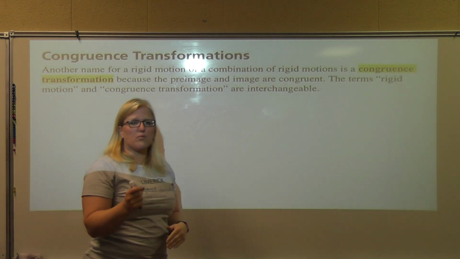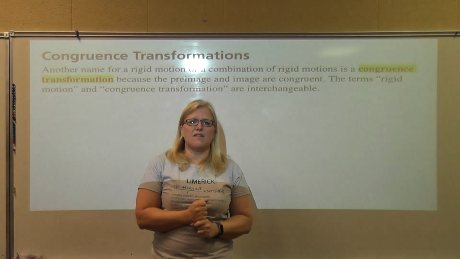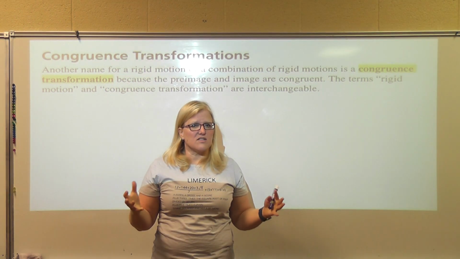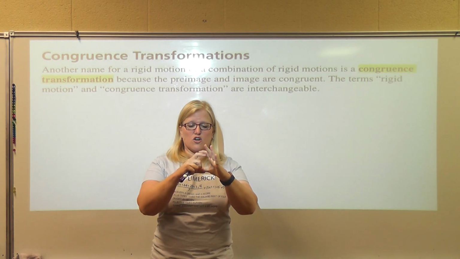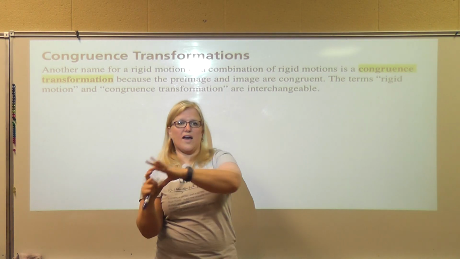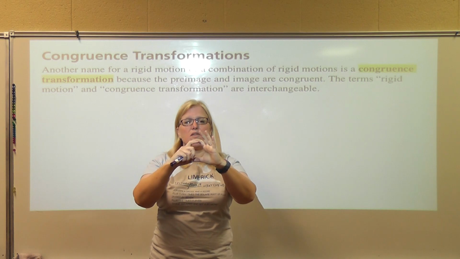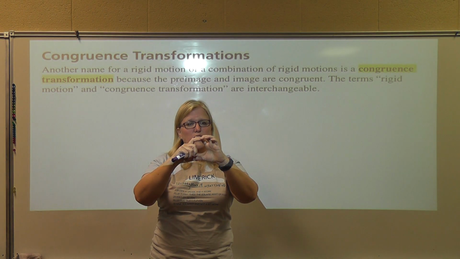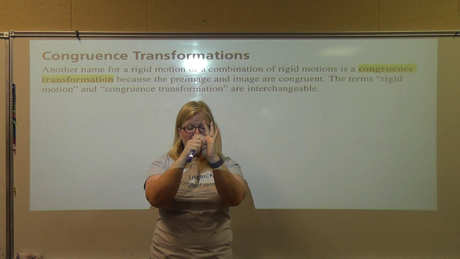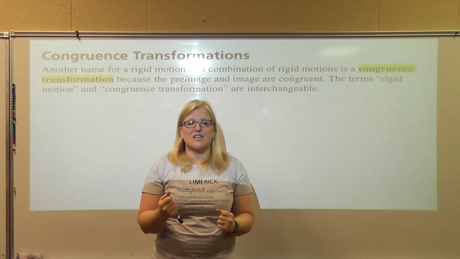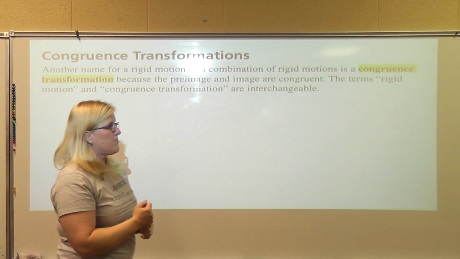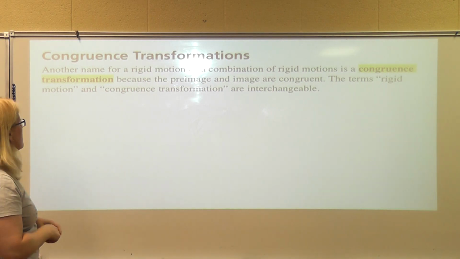I don't know if you remember in a previous video I said that not all transformations are rigid. Say I've got a circle, and you can move that circle around and rotate it and everything else. But there's a transformation called a shrinking, and a stretching, and those are not congruent. But they are a different kind of transformation.